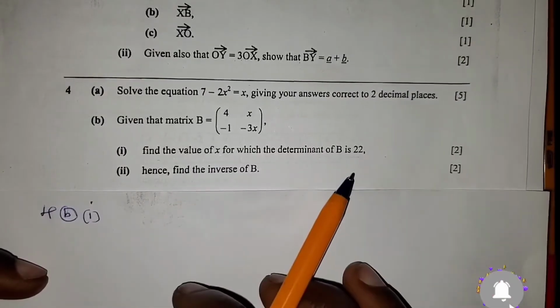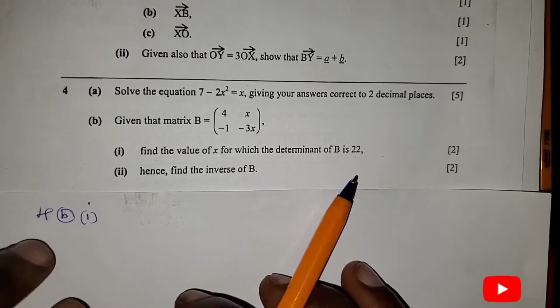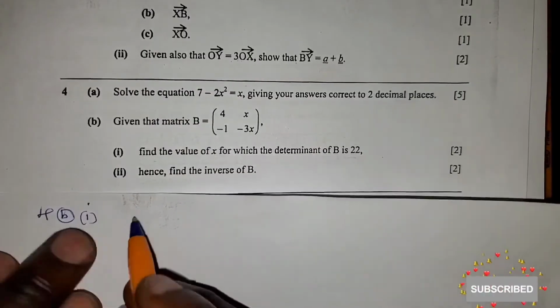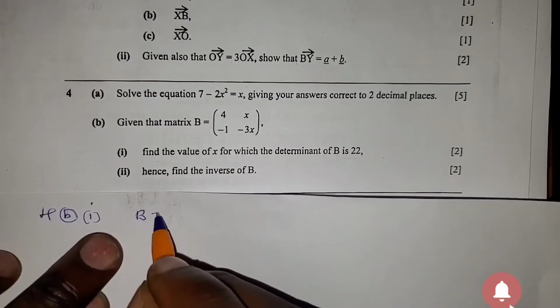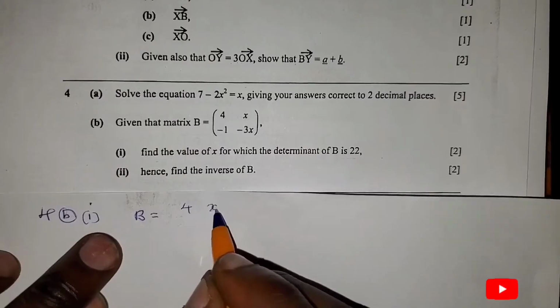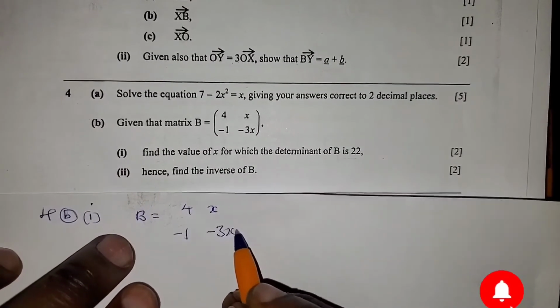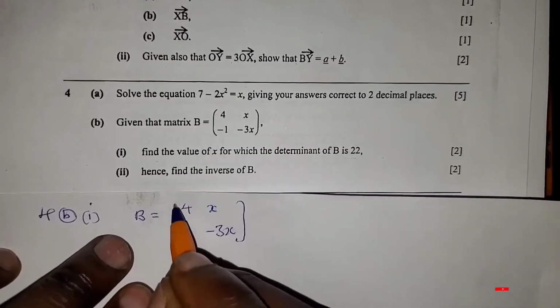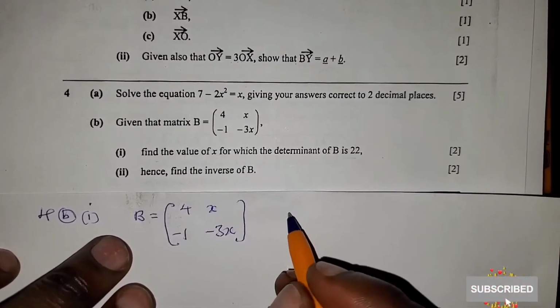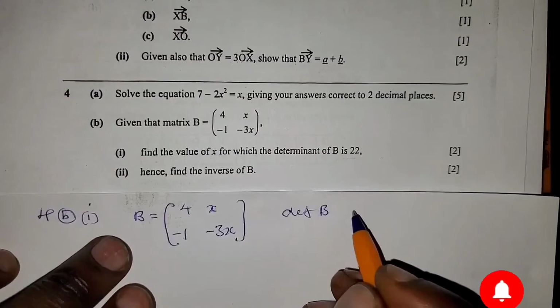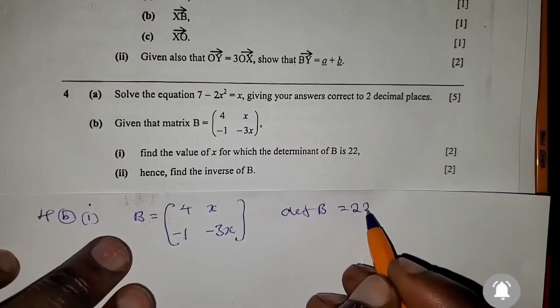This is very simple. So we're going to say, since this is matrix B as 4, x here, -1, -3x. Okay, and determinant, which is det B, let's just write det B is equal to 22.